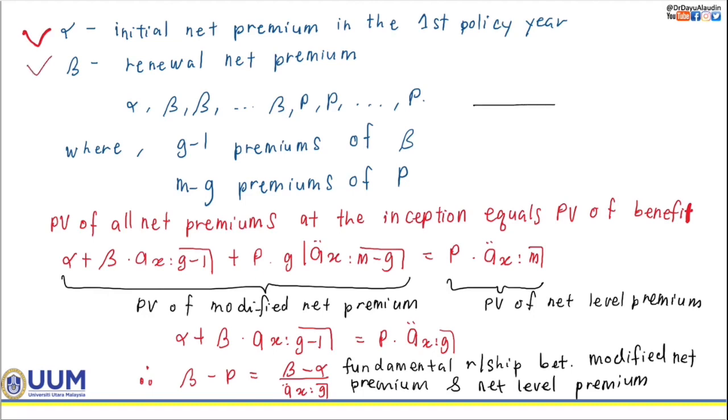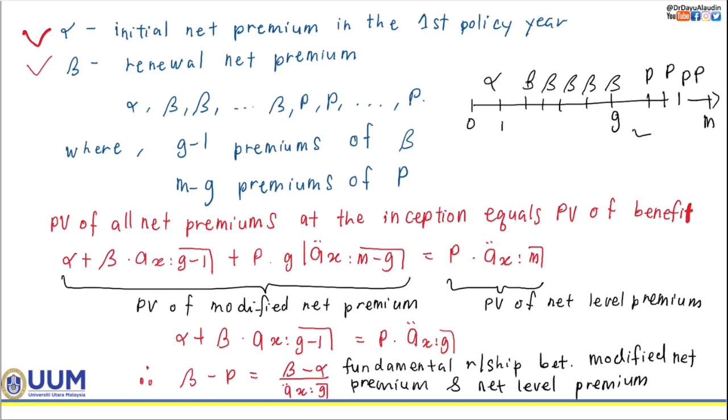If we draw the timeline, the first policy year we denote as alpha and the subsequent years are beta, and at some point it becomes the net level premium, where G minus 1 premiums of beta until G, and M minus G premiums of P. So P will be until M years.